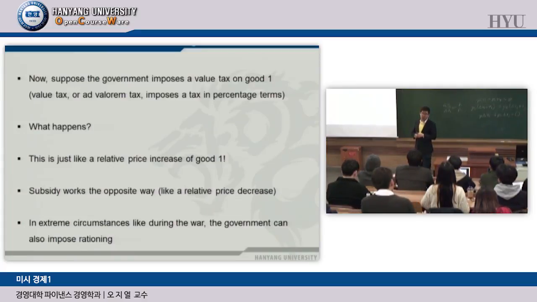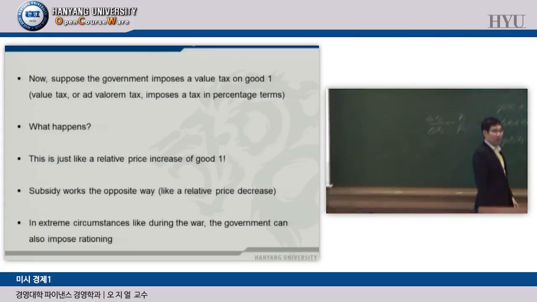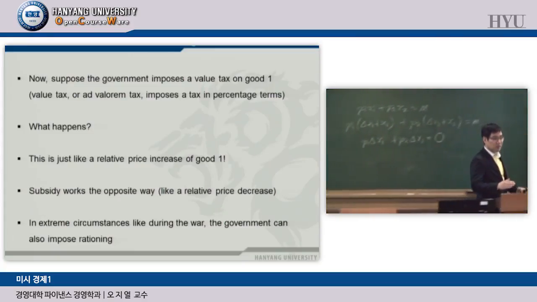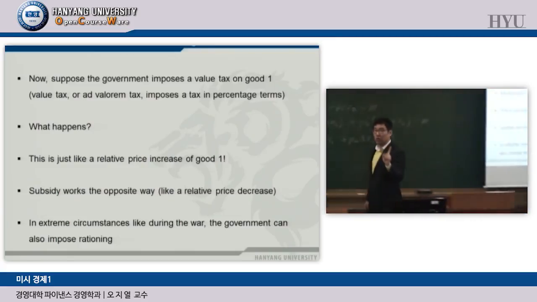How would this affect the budget constraint? So if the government imposes tax on one good, not both, how would this affect the budget line? Yes, sir. Yeah, so the slope would change, just like when the price of that good changed.